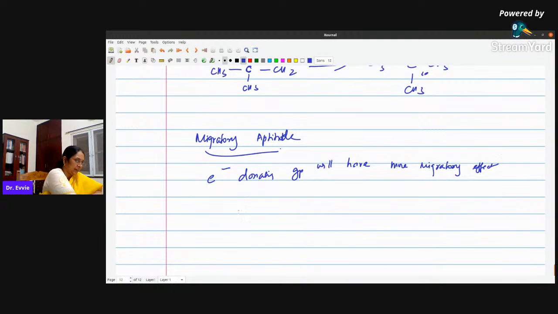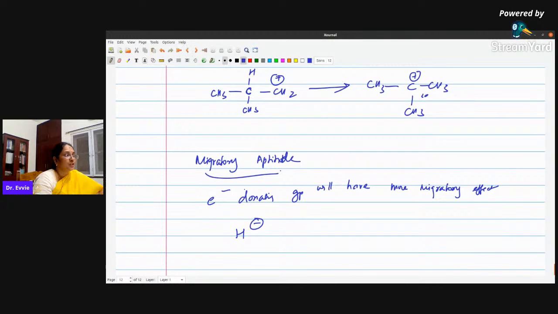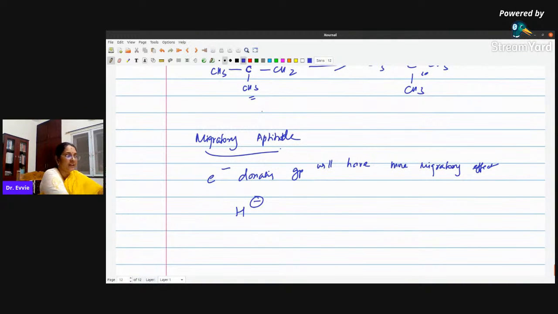As per that we will write H minus. When I told you H minus and CH3, which one will move? It is not CH3 plus, it is H minus which will move. When given a chance, H minus will move. Then it will be the phenyl ring. If all three are there, hydrogen, methyl and phenyl, the phenyl group is going to move. Then it will be CH3 minus.